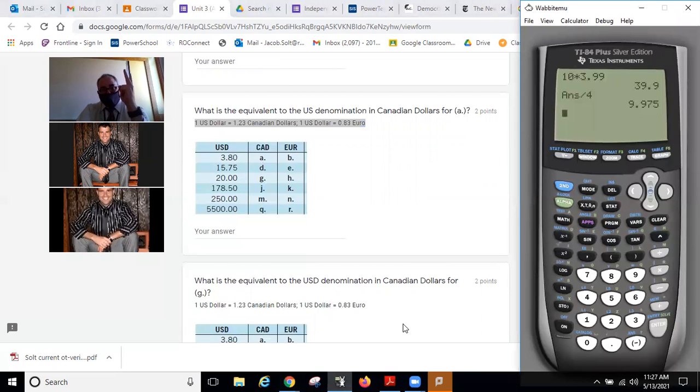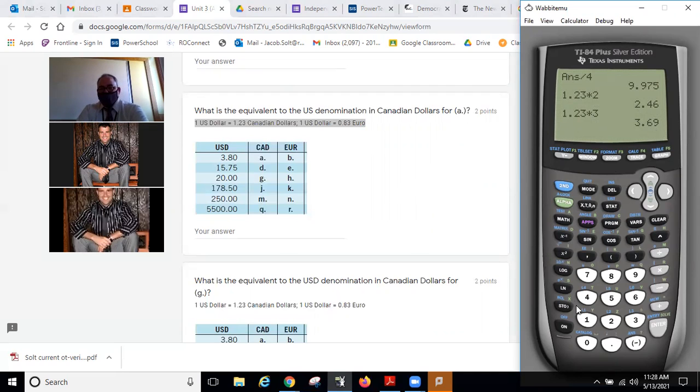If I want to convert it to Canadian dollars, I know that 1 US dollar is worth 1.23 Canadian dollars. That's what the conversion rate is. I know that 2 US dollars would be twice that, so $1.23 times 2 is $2.46 in Canadian. I know that 3 US dollars would be 3 times that. See how this goes? You've got to puzzle these out and think very carefully. 3 US dollars would be equivalent to $3.69 in Canadian dollars.